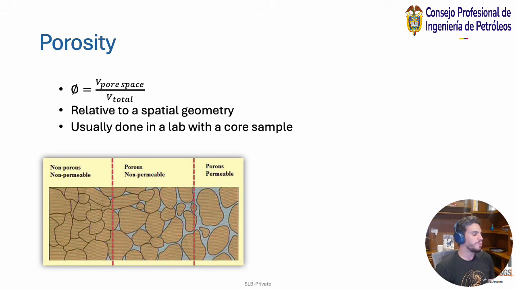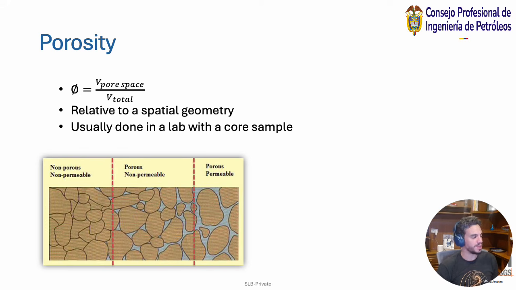And that's why porosity is only relative to the spatial geometry, as in you must define the geometric shape that you want to look at and solve for the porosity there. And in the application side, this is usually done with core samples, and we can get into that later, but essentially you're just taking a small piece of the formation rock from downhole, and then you bring it back up and you take it to a lab to analyze its porosity.